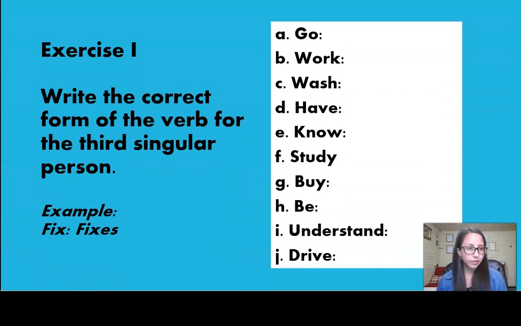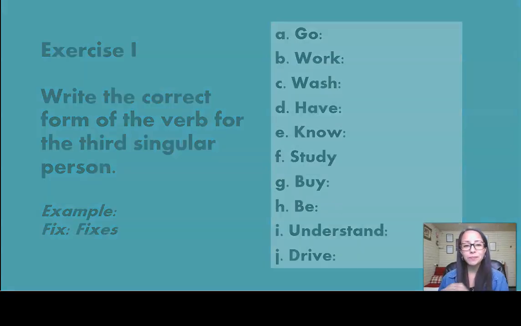So here we have some exercises. A continuación tenemos algunos ejercicios y en el primero de ellos tienen que transformar cada uno de estos verbos a la forma correspondiente para la tercera persona singular. Como por ejemplo aquí tenemos el verbo fix, que termina con X. ¿Cómo debería ser entonces para hablar de he, she o it? Debería ser fixes. Lo mismo deben hacer con todos los otros, prestando especial atención a cómo termina. ¿Ok?